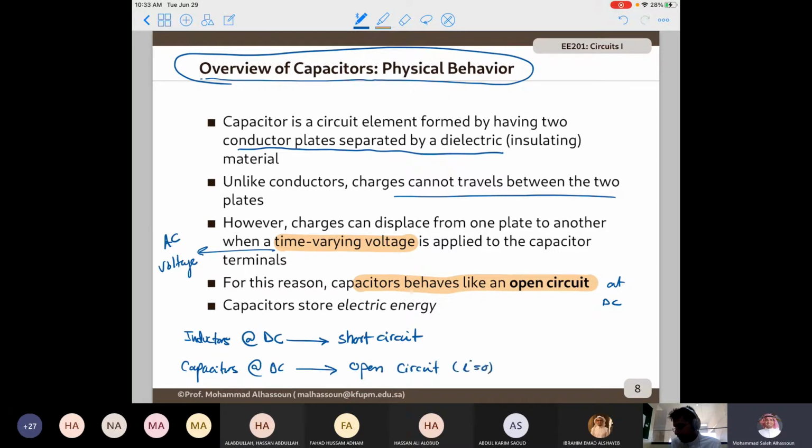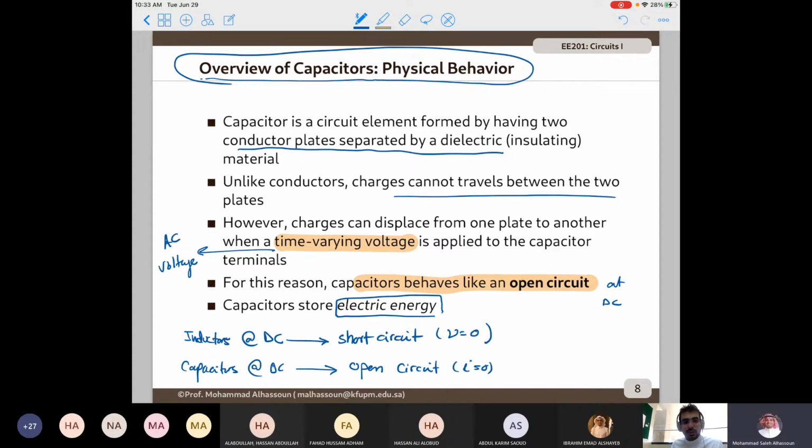Here I is 0, here V is 0. Also, the last thing that we're going to say about capacitors is they store electric energy. So any question about this?